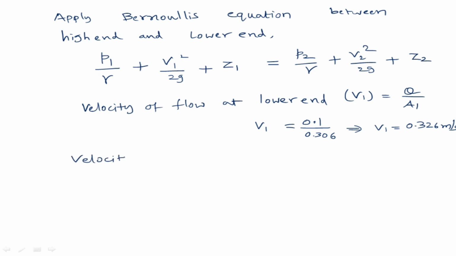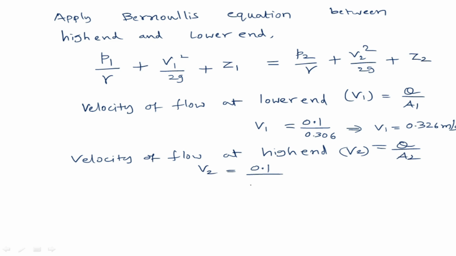Similarly, velocity of flow at high end, V2 is equal to Q by A2. 0.1 divided by 1.227. Therefore, V2 is equal to 0.081 meter per second.